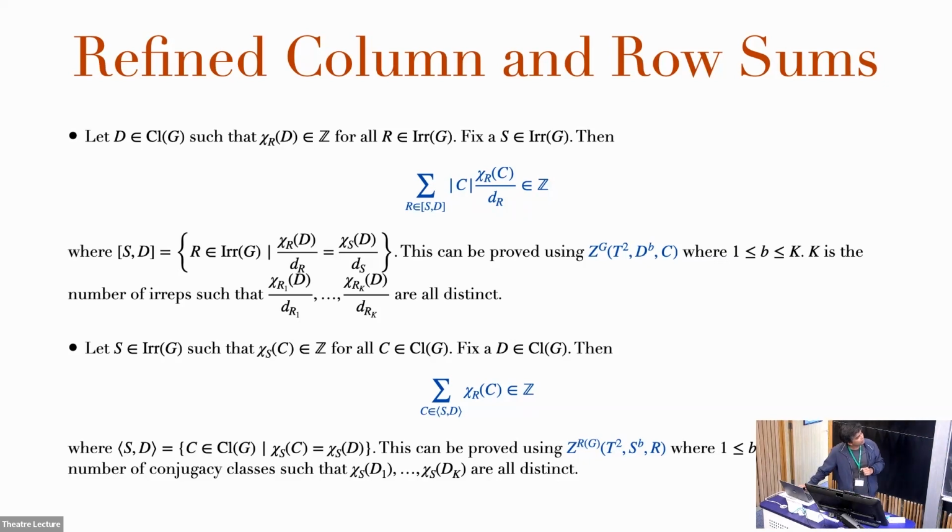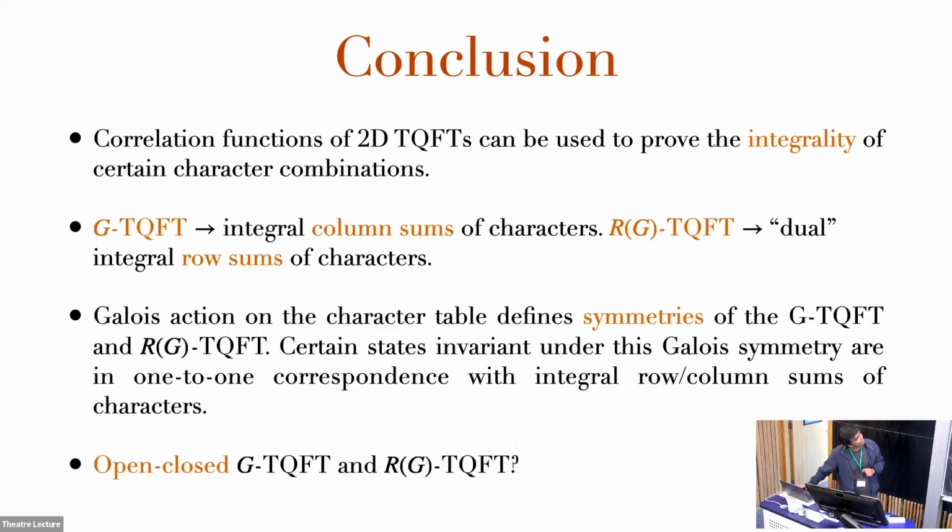So let me conclude by saying that correlation functions or partition functions of two-dimensional TQFTs can be used to prove integrality results. And this G TQFT allows us to prove integrality results for column sums and RG TQFT for the dual results for the row sums. And the Galois action on the character table can be interpreted as a symmetry of these two TQFTs.